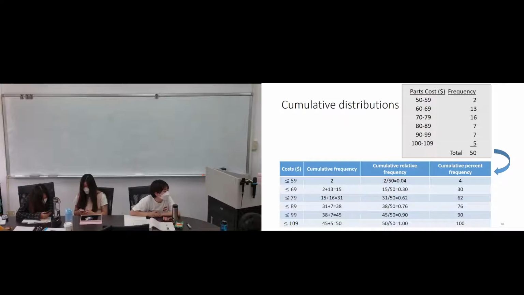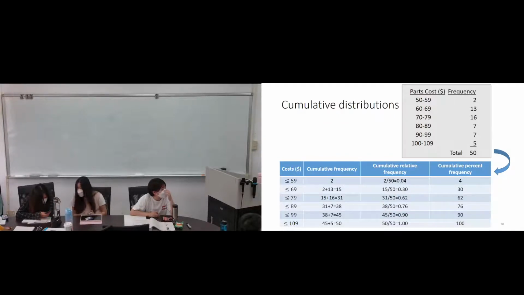For the second class, the upper limit is $69. Here we report any data values lower than or equal to $69, so we add 2 to 13.